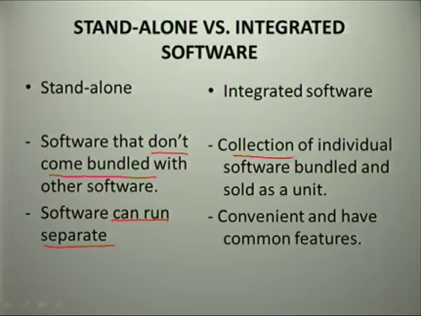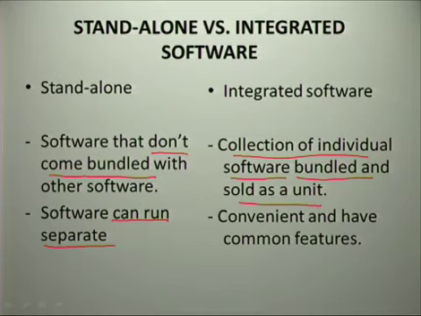Integrated software is a collection of individual software. It means you take this individual software, bundle it together and sell it as a unit. So standalone is single; integrated is bundled software which is sold together as a unit.